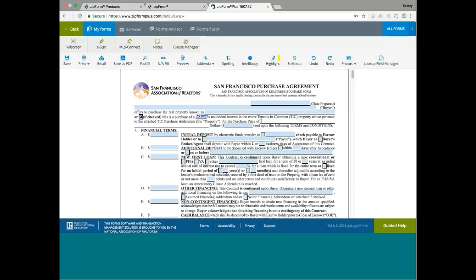Why is it so common in San Francisco? Because San Francisco has one of the highest priced real estate in the entire United States, other than New York. So this is the place where there might be something for you to fill out that has to do with TIC.